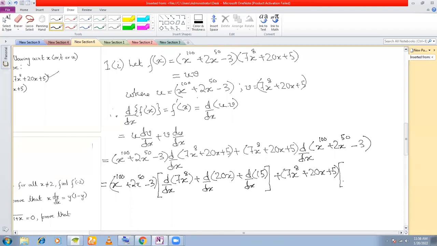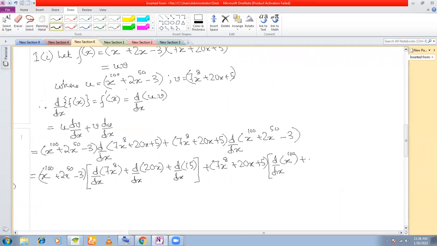And for the differentiation, you distribute the differentiation over this sum: d/dx of x to the power of 100 plus d/dx of 2x to the power of 50 minus d/dx of 3. Okay, so this will now be x to the power of 100 plus 2x to the power of 50 minus 3.